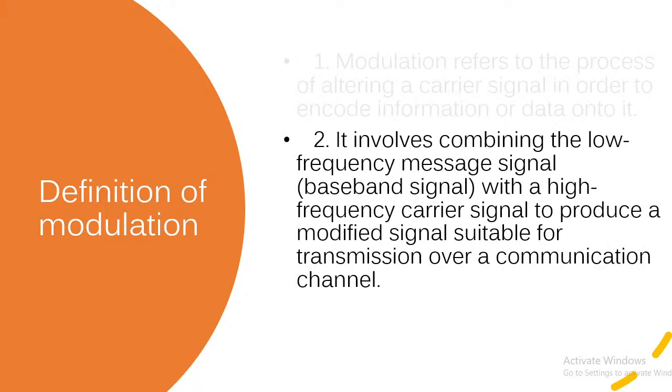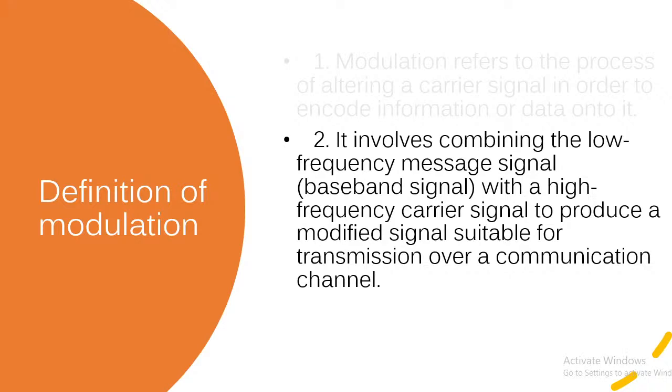Modulation refers to the process of altering a carrier signal in order to encode information or data into it. Or you can say we are altering a carrier signal in order to encode the baseband into the carrier signal. This involves combining a low frequency message signal, which is the baseband signal, with a high frequency carrier signal to produce a modified signal, which is called the modulated signal.